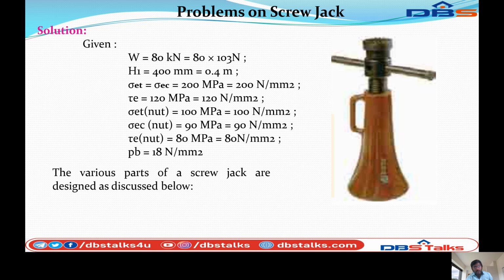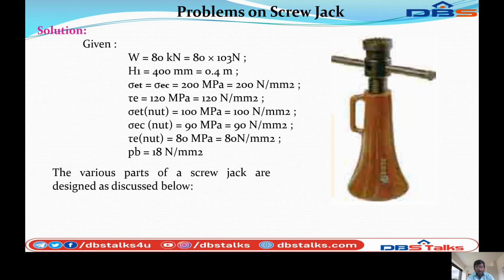Next, tau_C is equal to 120 megapascals, that is equal to 120 Newton per mm square. Sigma_ET nut is 100 megapascals, equal to 100 Newton per mm square. Sigma_EC nut is 90 megapascals, equal to 90 Newton per mm square. Tau_E nut is equal to 80 megapascals, that is equal to 80 Newton per mm square. Finally, P_B is equal to 18 Newton per mm square.